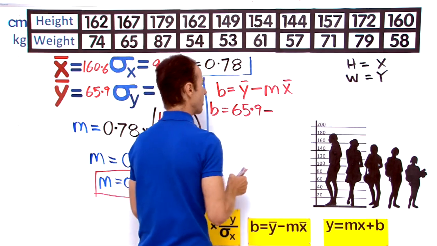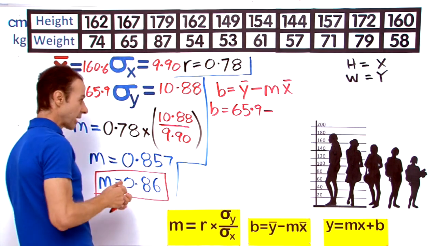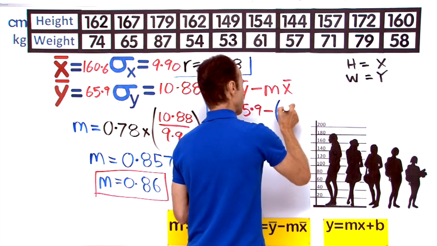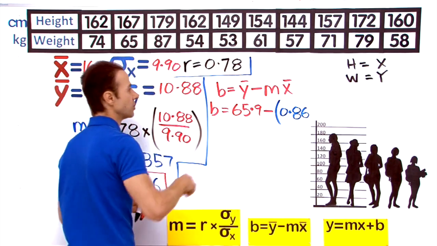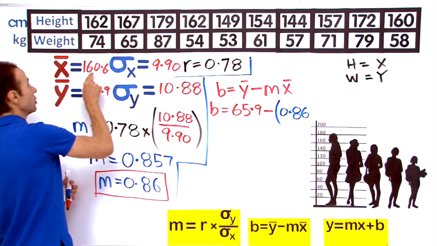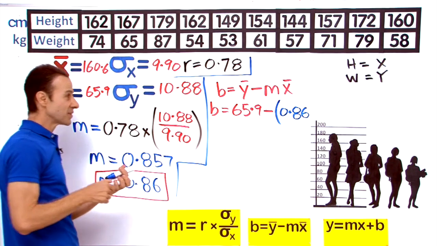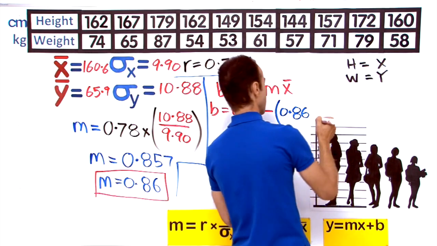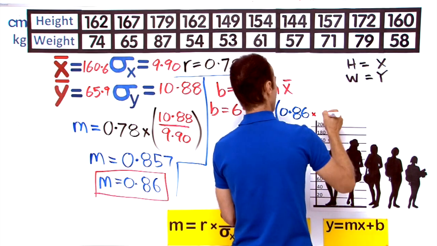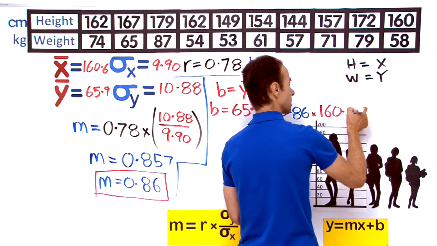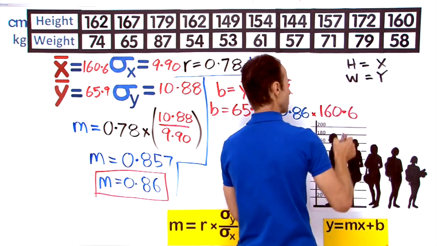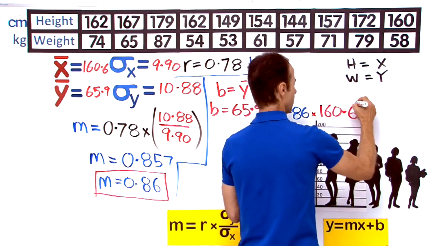Take away the gradient, which is 0.86. Put that in brackets actually, 0.86 times x, the mean for the x-scores, which is 160.6. Okay, so multiplied by 160.6. It's a decimal there, close bracket.